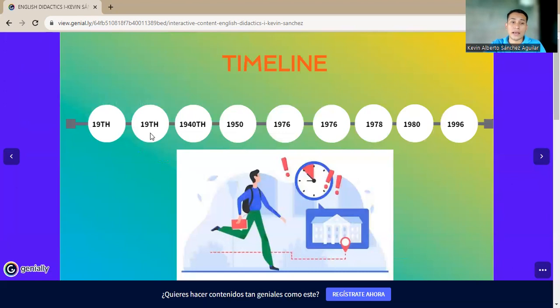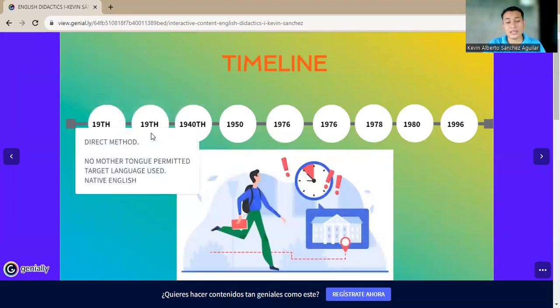Then we have, at the same time in the 19th century, the direct method. The direct method was focused on developing the speaking abilities of the target language. Also, something very important here is that no mother tongue was permitted. Students were encouraged to speak just the target language, and they were not permitted to use the mother tongue in the classroom.